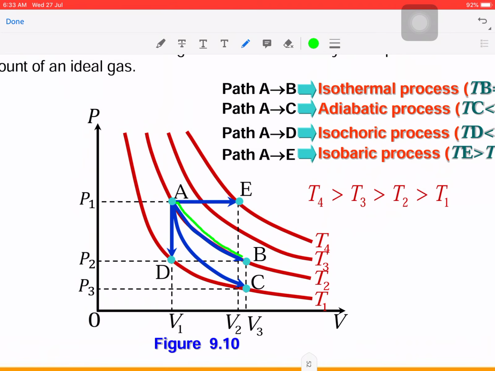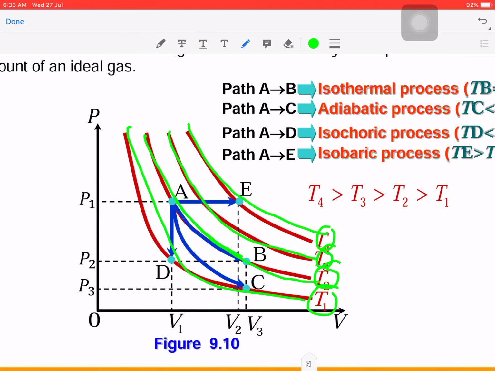So kenapa no change in temperature? You see lah, this red line is the same temperature. T1, T2, T3, T4. Okay, this is the line for T4, this is the line for T3, this is the line for T2, and this is the line for T1. Okay, so the same line will have the same temperature.